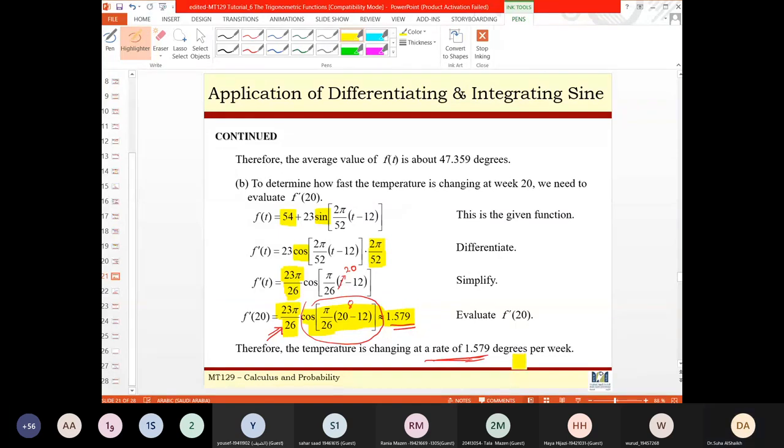Yeah, you have to multiply with the cosine after. It works now?